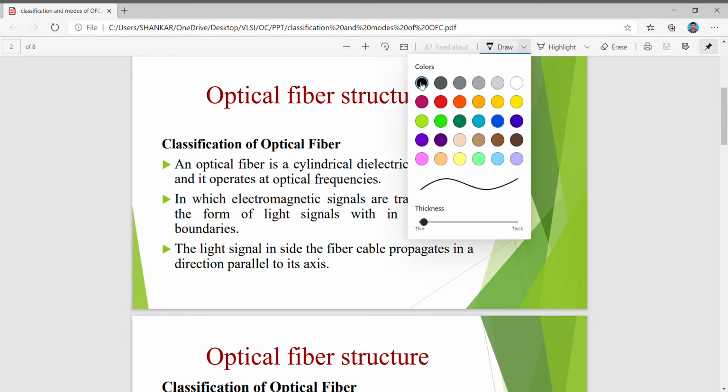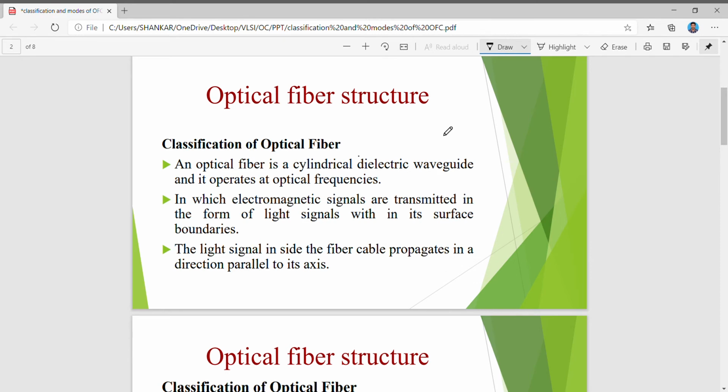This represents the general structure of an optical fiber. Suppose we are transmitting the electromagnetic signals in the form of a light signal within its surface boundary; this is the representation of the cladding. This represents the core.